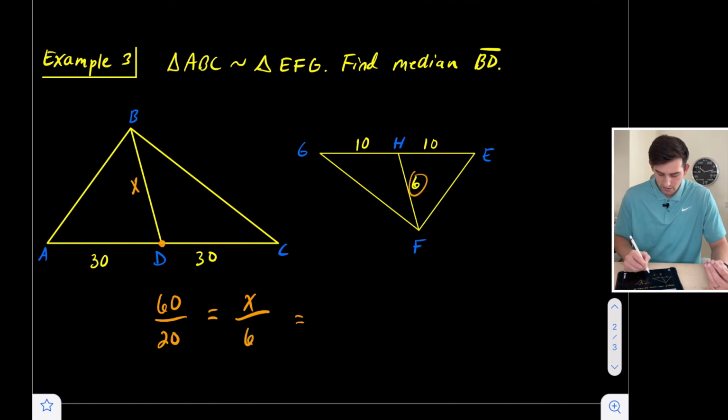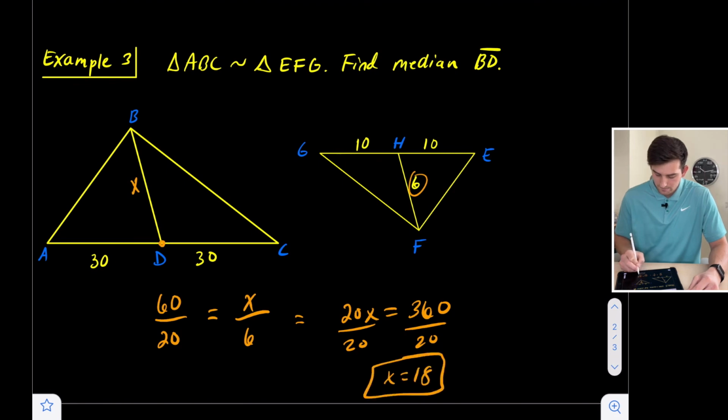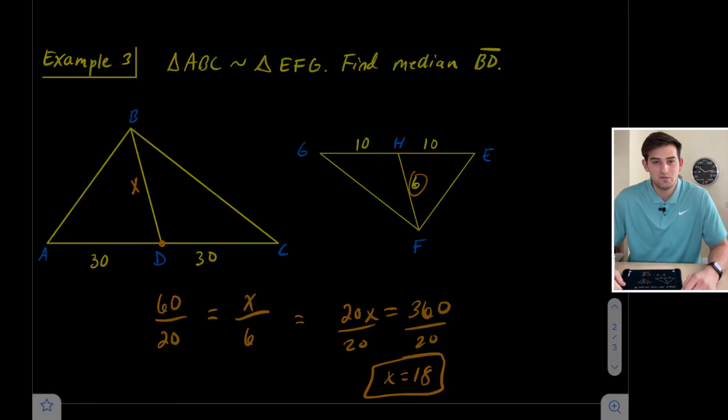Now we cross multiply and get 20x equals 360. We divide both sides by 20, so 360 divided by 20, and we get x equals 18. So that's a little bit about similar polygons.